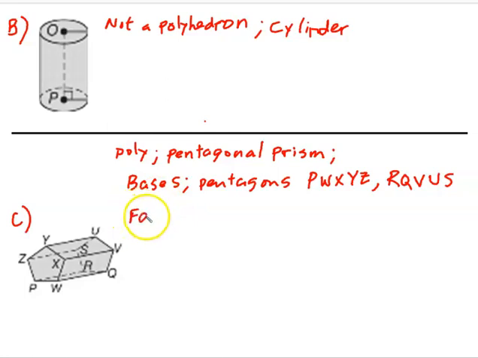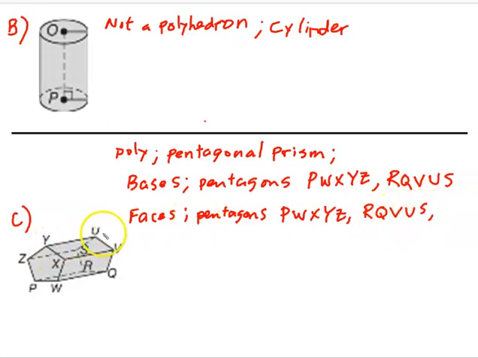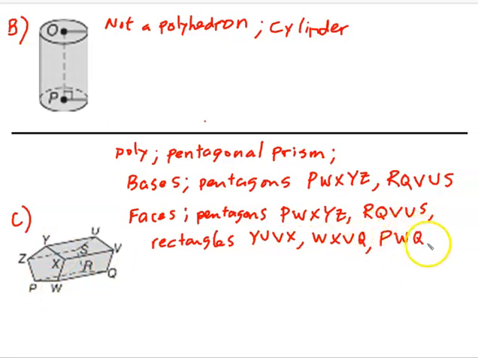All right, and the faces are going to include those, and these other rectangular sides, we'll just say rectangles: YUVX, WXVQ, PWQR, ZSRP, and let's see, we got them all, ZSUY.